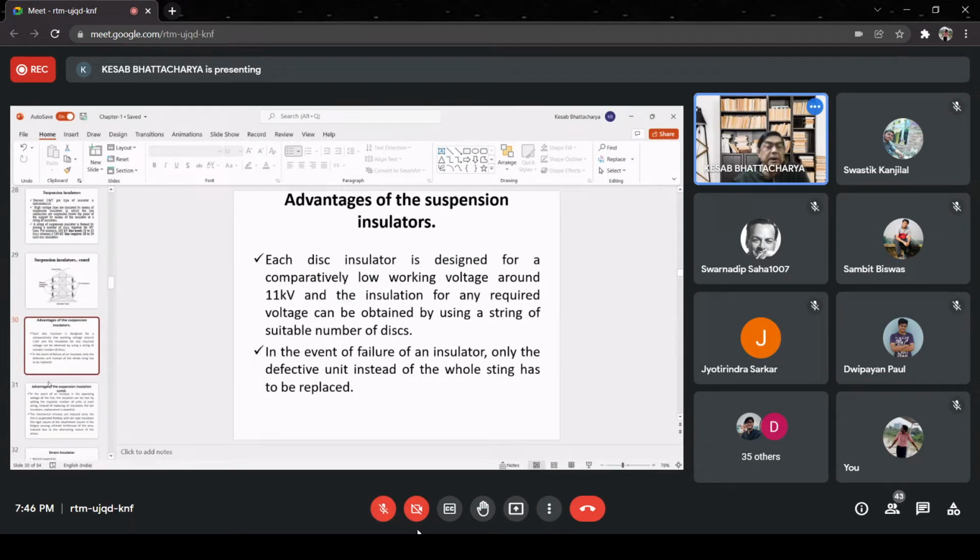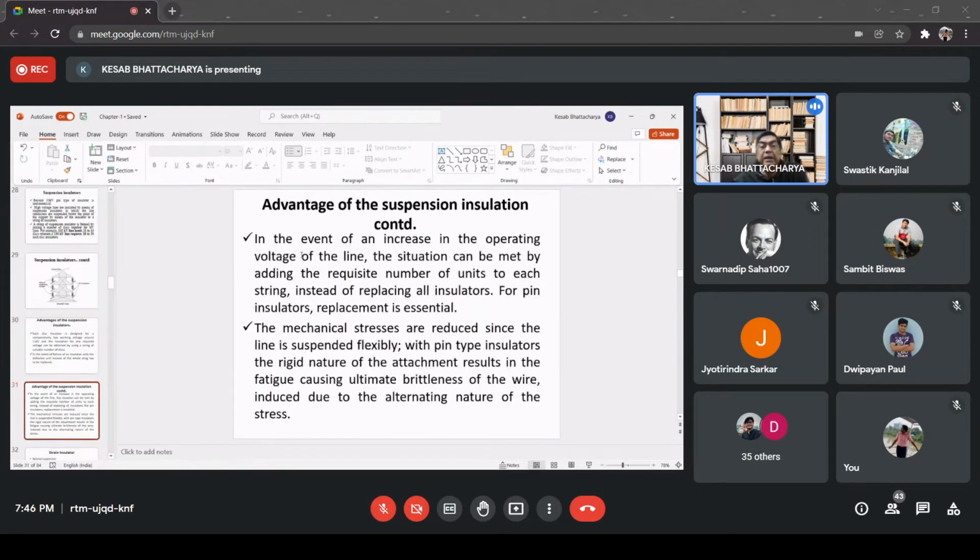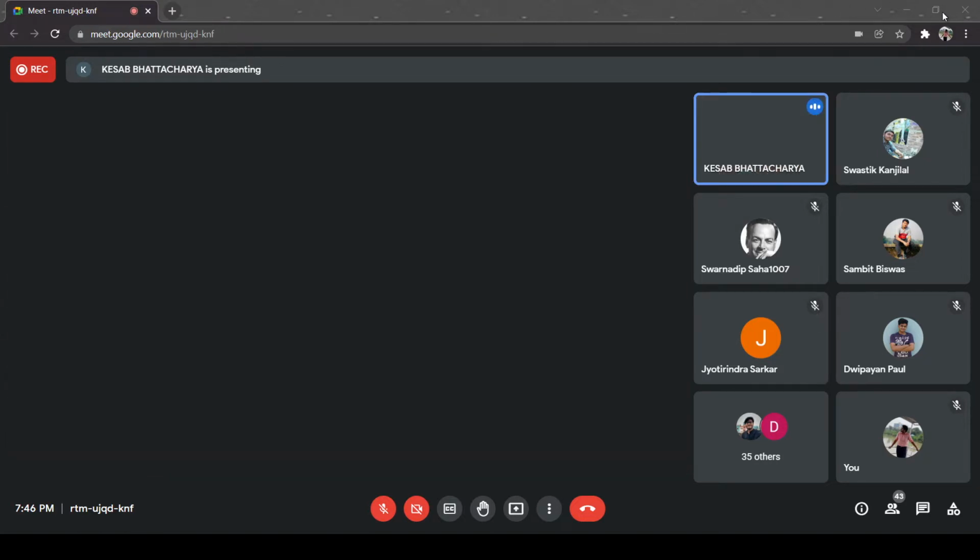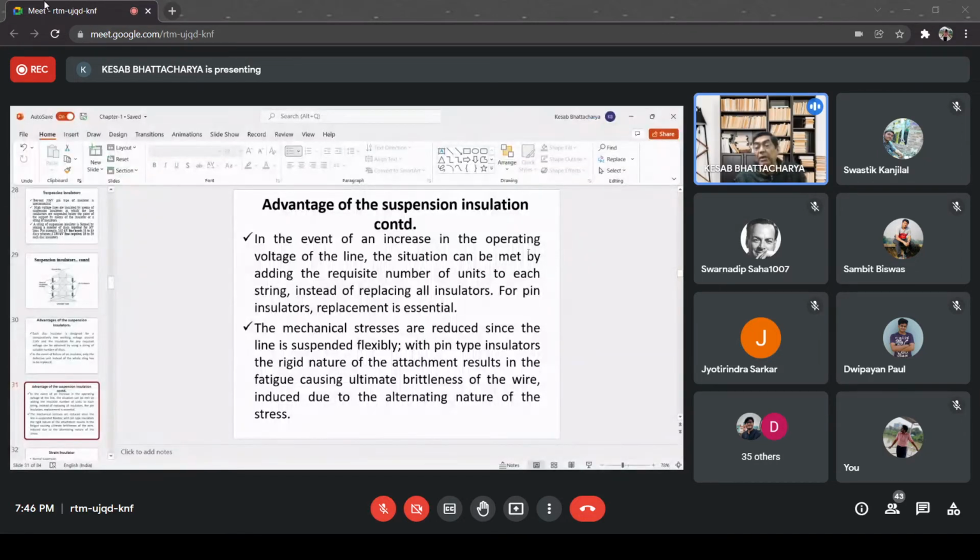The next advantage is in the event of an increase in operating voltage on the line. If due to some reason the transmission level voltage of a system where a suspension type of insulator has been used increases, what will happen?